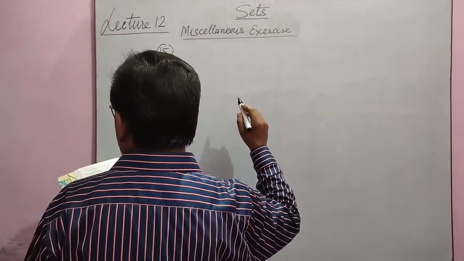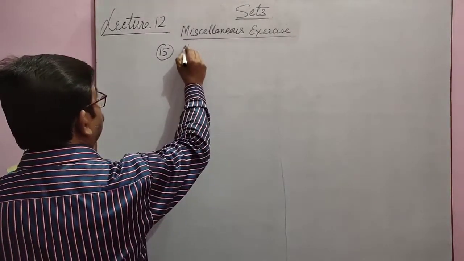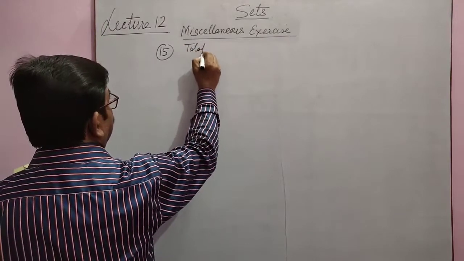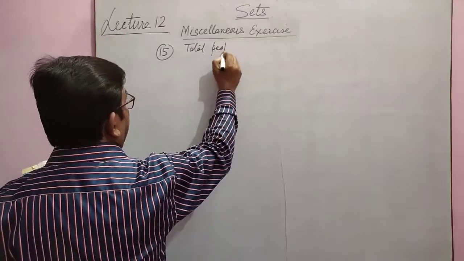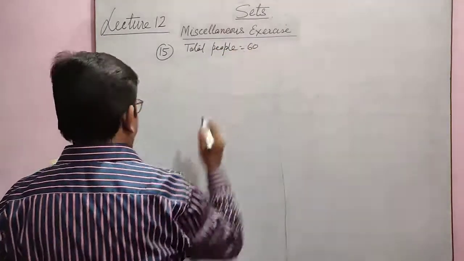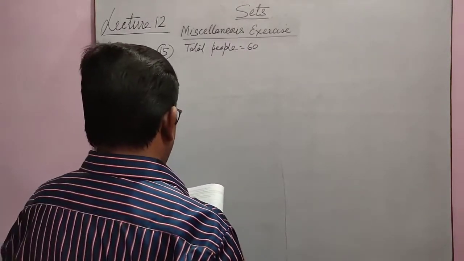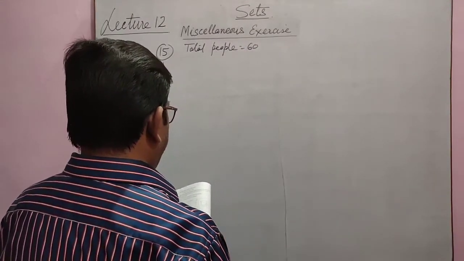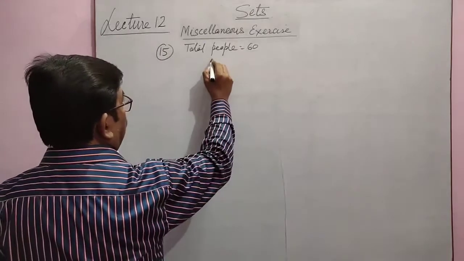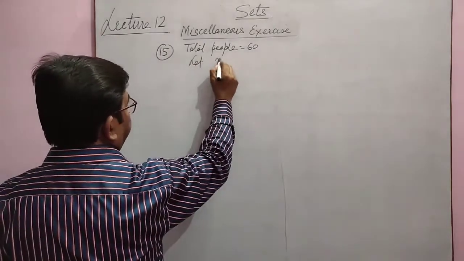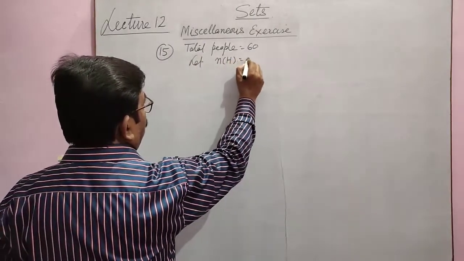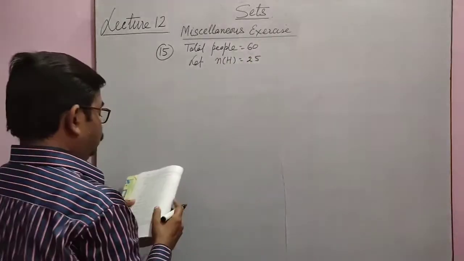Given 60 people, total people 60. It was found that 25 people read newspaper H. Let n(H) be equal to 25.